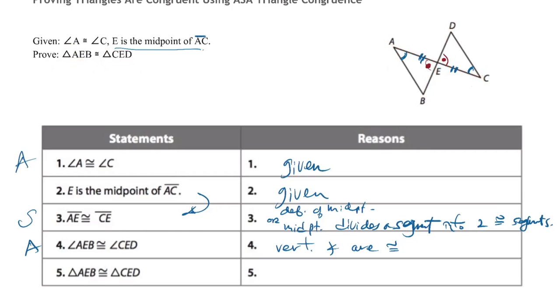So what we could say now is that those two triangles are congruent by the angle side angle congruent triangle theorem. Okay, guys? All right. Now, it's your turn.